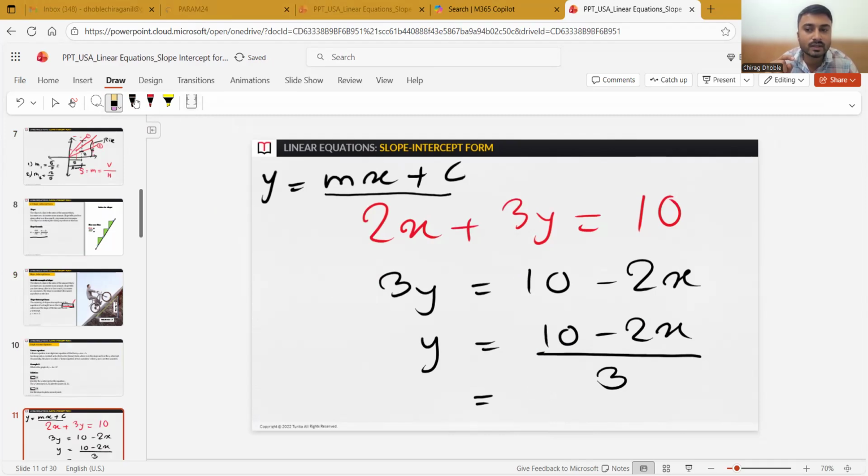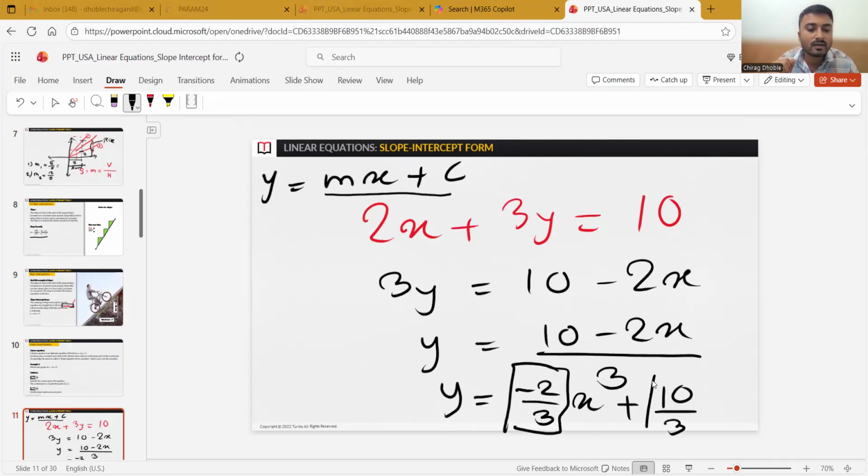I want the x term first, so it will be minus 2 upon 3 x plus 10 upon 3. So I have the equation in slope intercept form. m is the slope, that is minus 2 upon 3, and this is my y-intercept b. So it becomes y is equal to mx plus b. Understood? So it's just rearrangement.